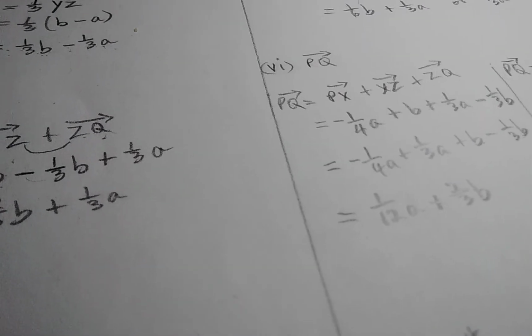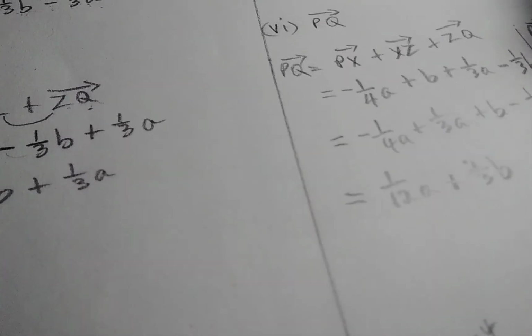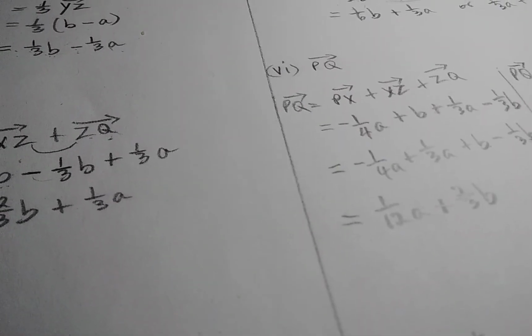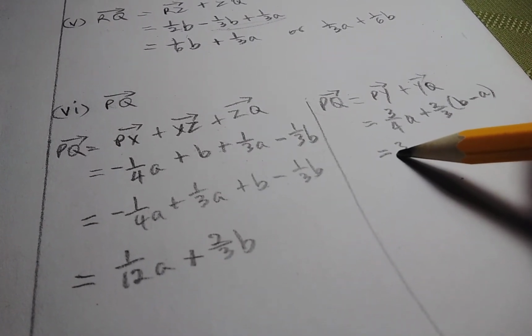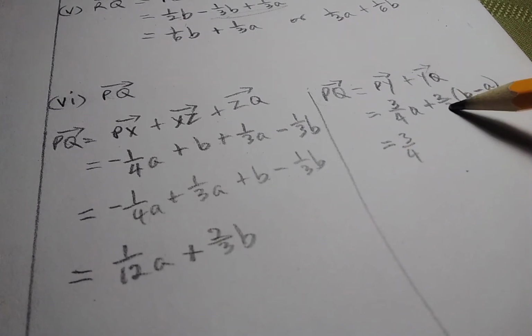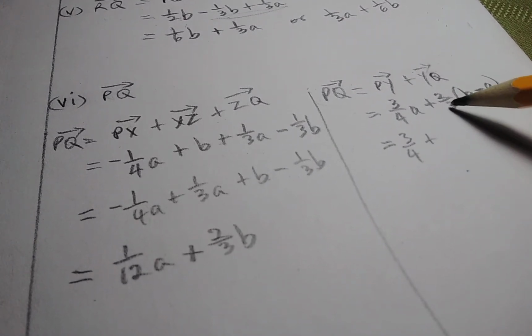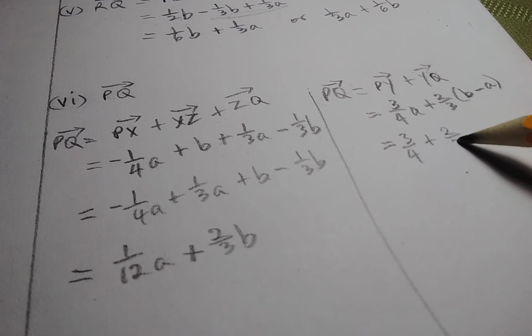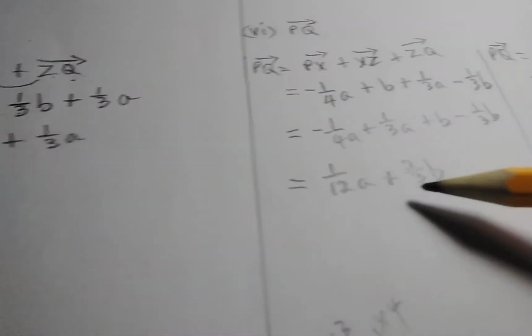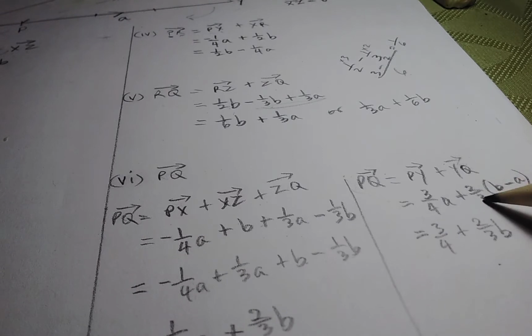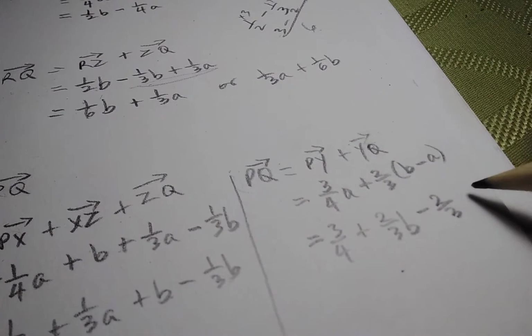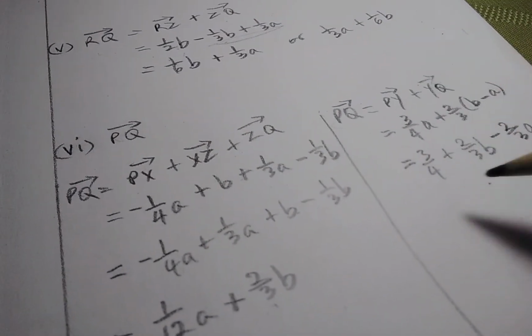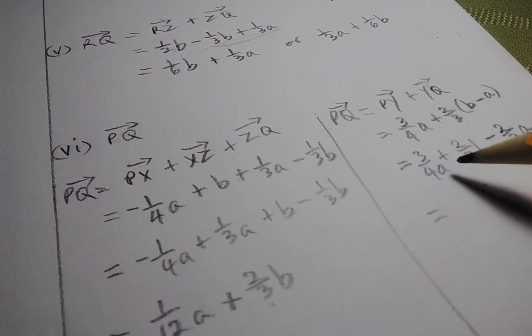It's okay. So it's YQ, not YZ. All right. So we have 3/4 A, 2/3 times B gives you 2/3 B. We already got back this answer, 2/3 B. And then 2/3 times negative A is negative 2/3 A. All right, so we group the like terms.